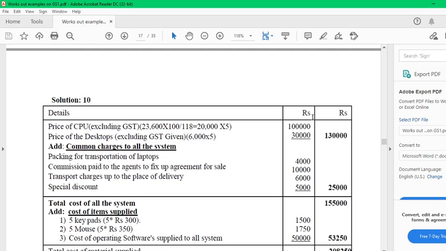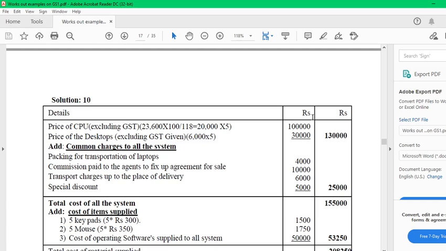Not one CPU, there are 5 CPUs, therefore 10 lakhs. Price of desktop excluding GST is 6,000, that is the monitor, 6,000 into 5 is 30,000, total 1,30,000.